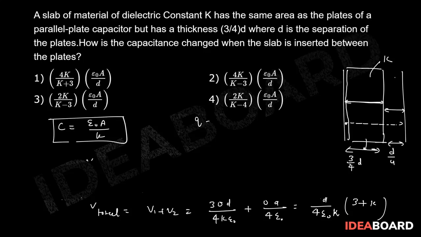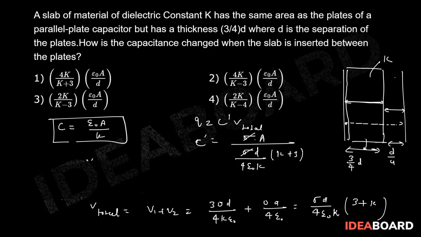So Q is equal to C dash into V total. To calculate C dash, Q is sigma into A, divided by V total, which is sigma D divided by 4 epsilon naught K into K plus 3.